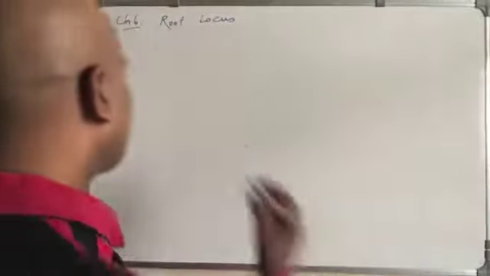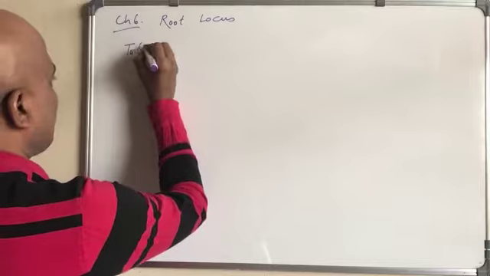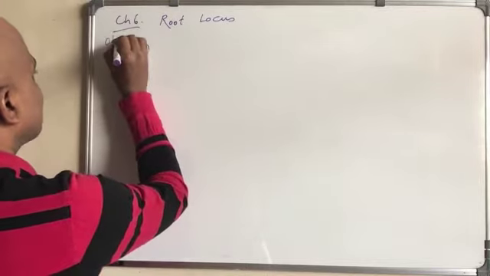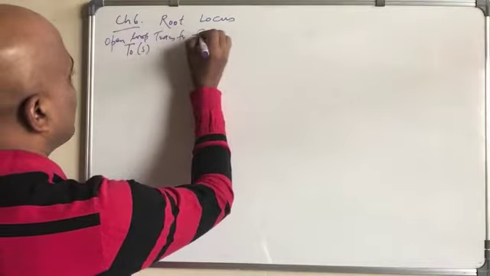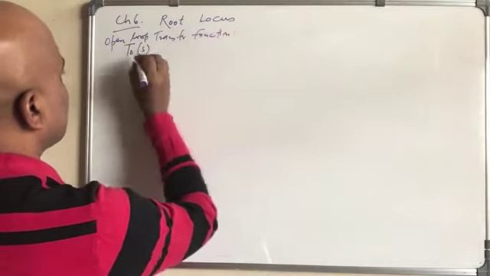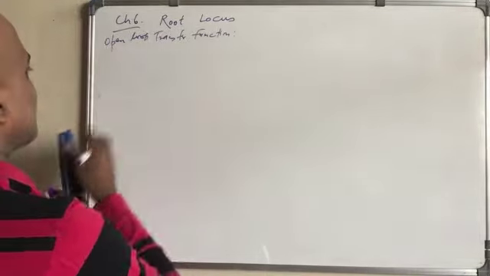Let's take the general case and assume T naught S is the open loop transfer function.